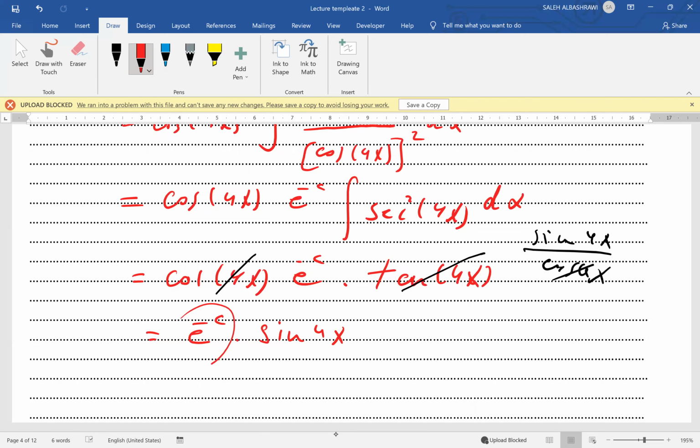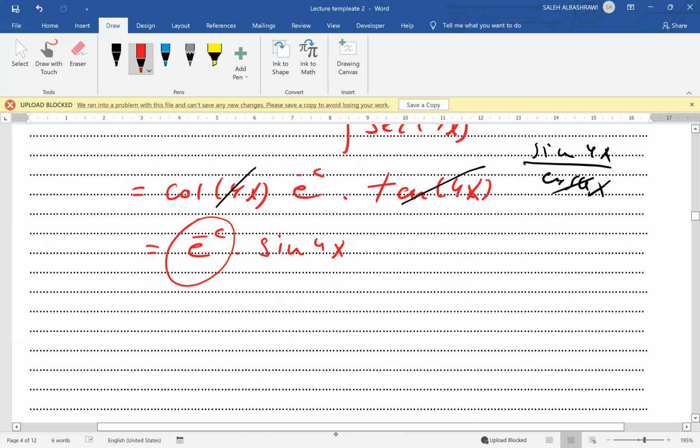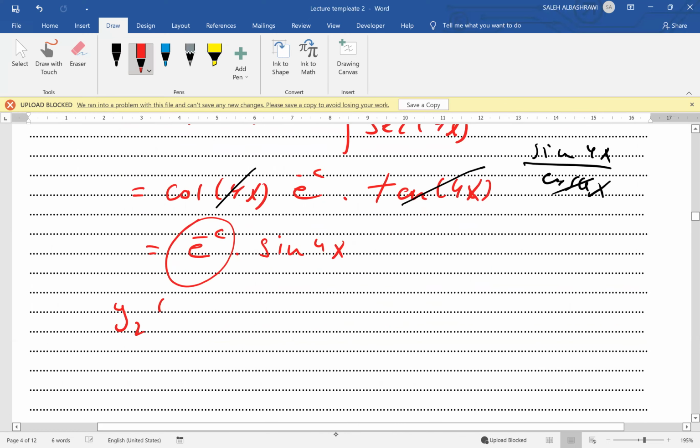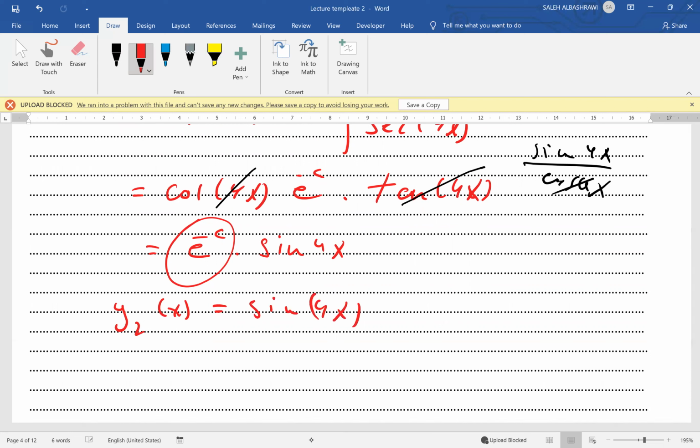And all of this is only a constant. So we can take y2 of x equal to sine 4x.